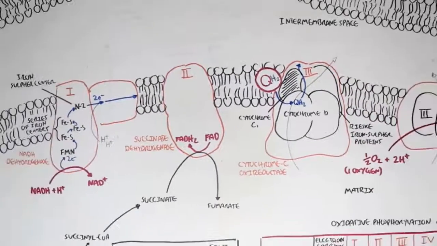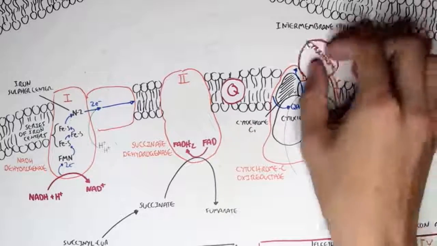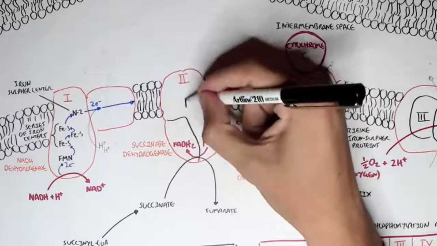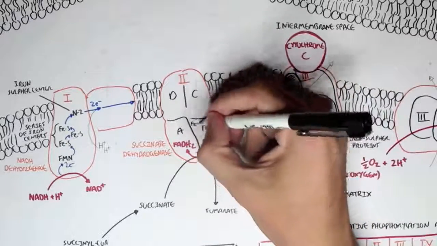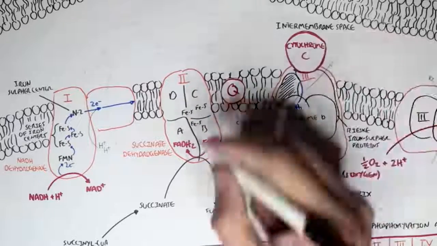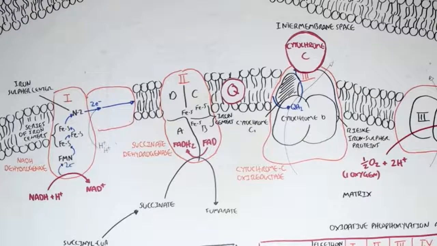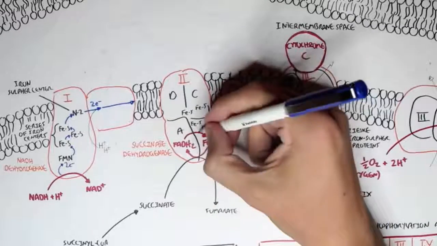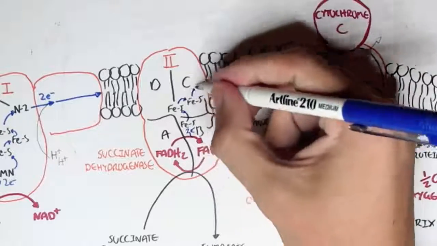Now let's just look at the actual complex 2. Complex 2 is comprised of 4 main parts, subunits A, B, C, and D. We don't really need to know much about these, but essentially in the center we have a series of iron centers, and the electrons from FADH2 will go through these iron centers and finally to ubiquinone.